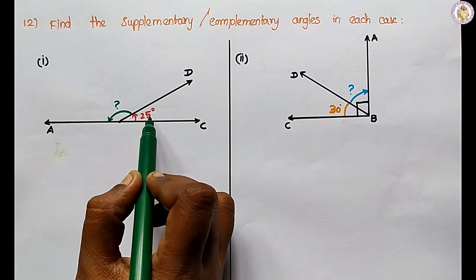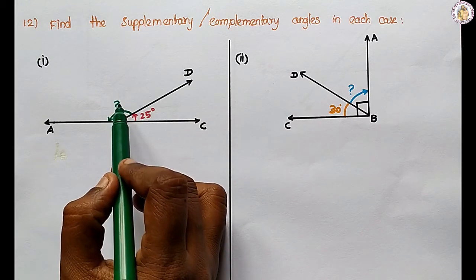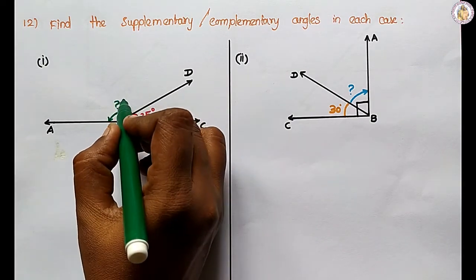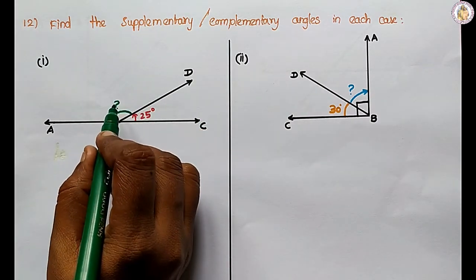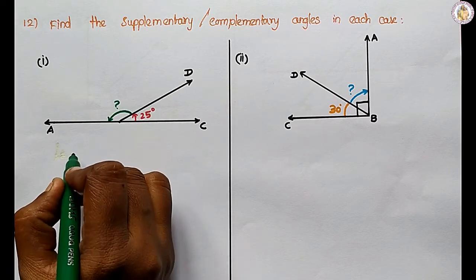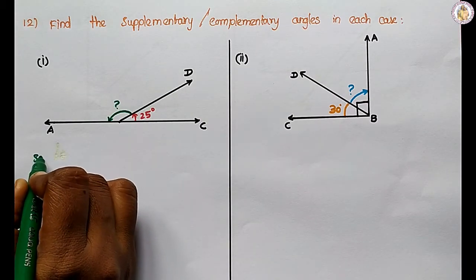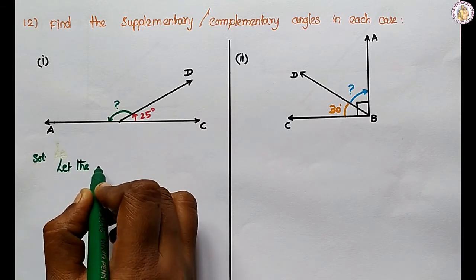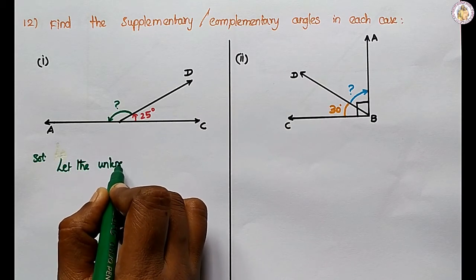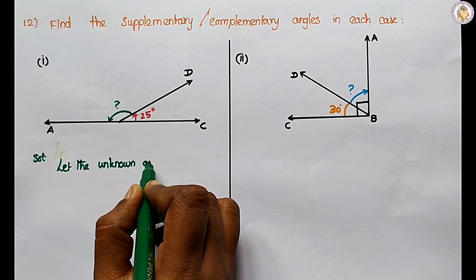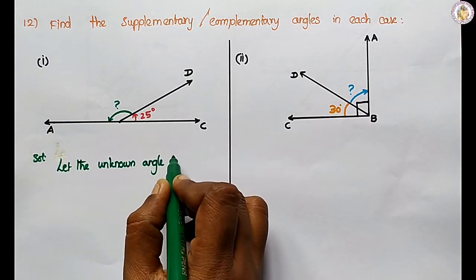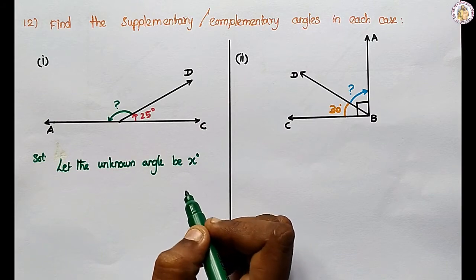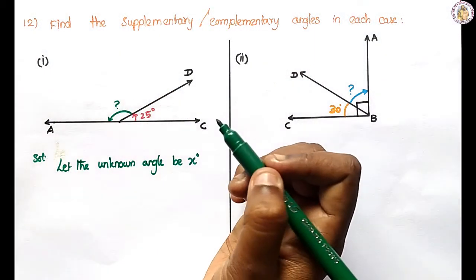One is 25 degree and another one we have to find out. Let the unknown angle be x degree.